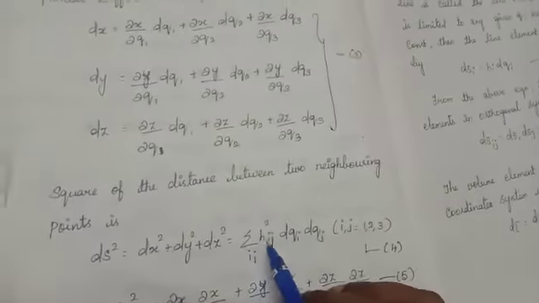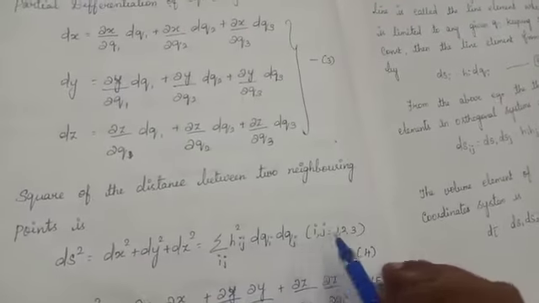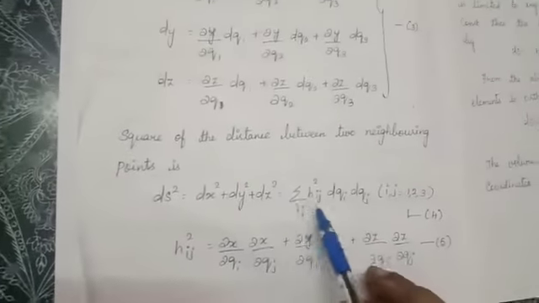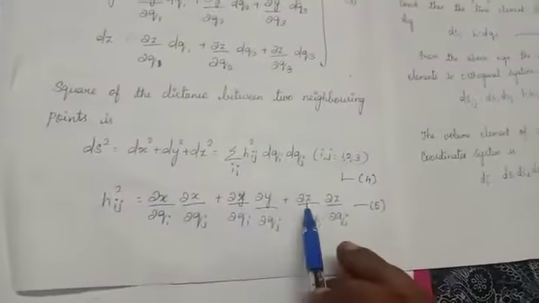We can write the square of the distance as the sum of h ij square into dqi into dqj, where i, j equal 1, 2, 3. We can write this formula separately for the x, y and z axes.